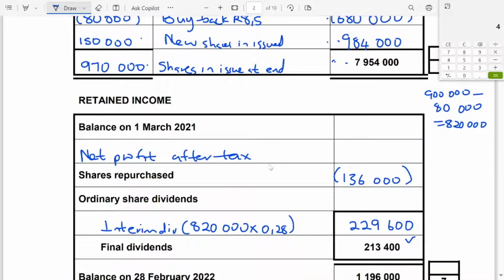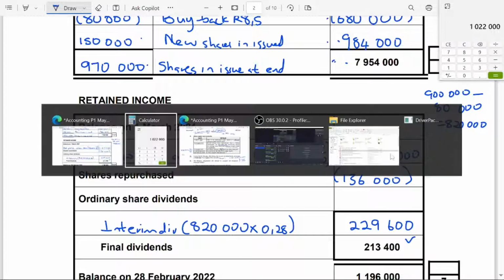So it's 438,000 multiplied by 70 divided by 30. Okay, let me do it again. 438,000 multiplied by 70 divided by 30. So it is 1,022,000. Right, let's continue.